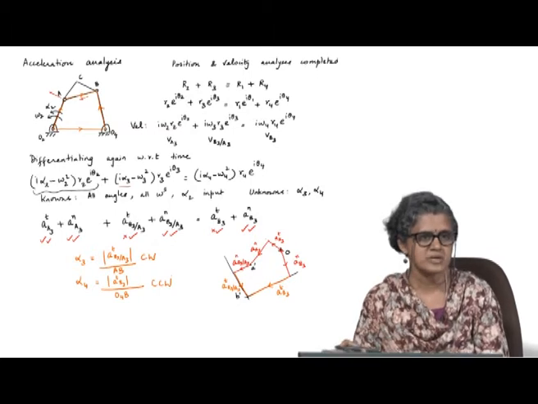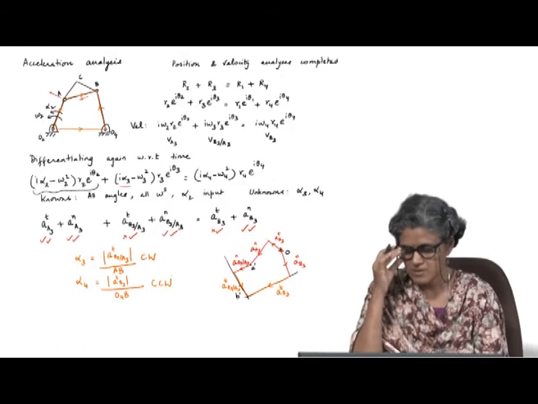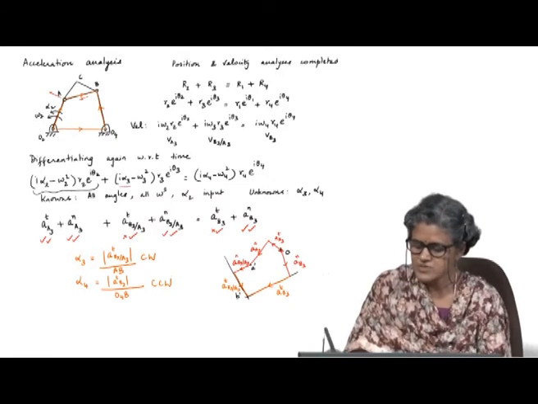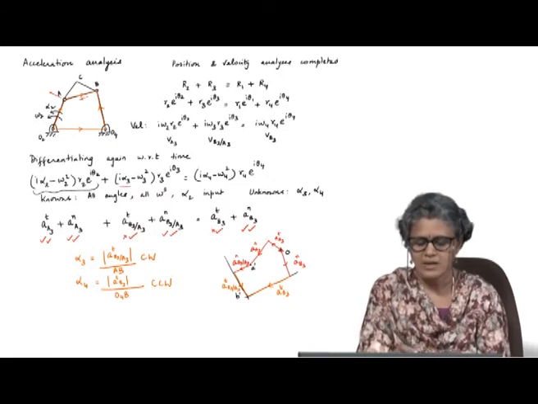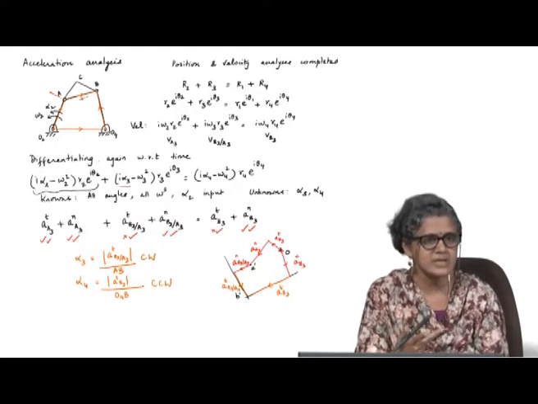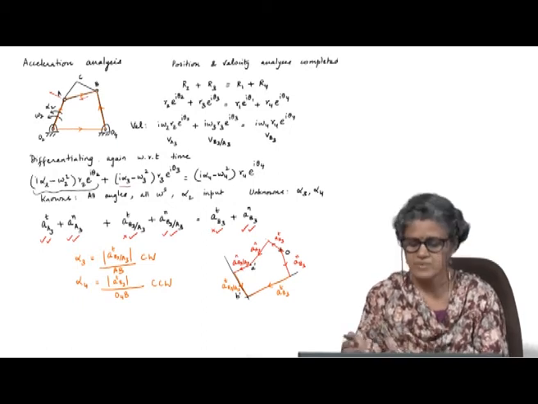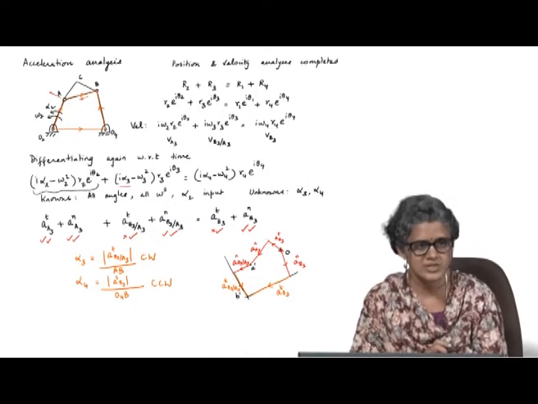This should be familiar to you. So this is how you solve it. Analytically you will just split it into real and imaginary parts. You will have two linear equations in alpha 3 and alpha 4, and you would solve for those unknowns. Graphically you would solve it in this manner.